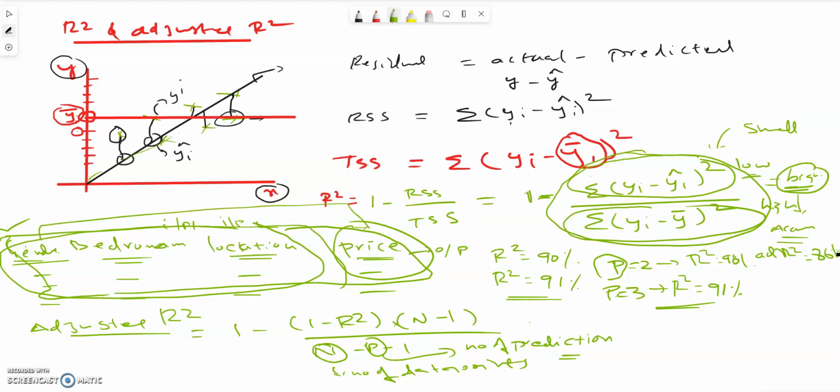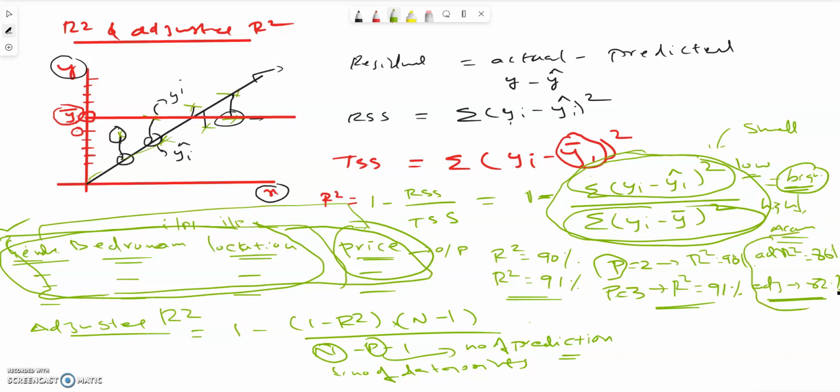In this case, adjusted r square will be 82%, which is actually expected, which is actually true.